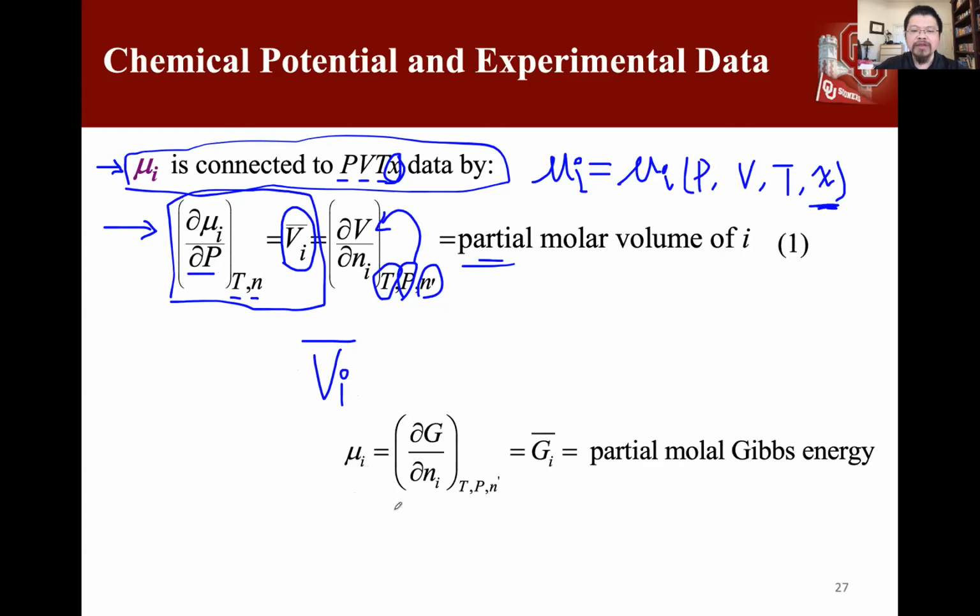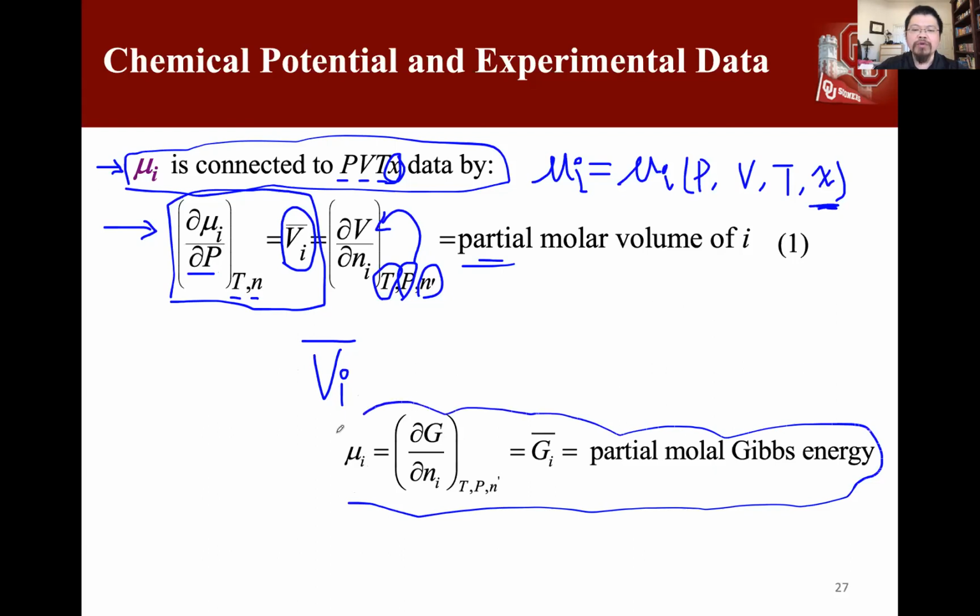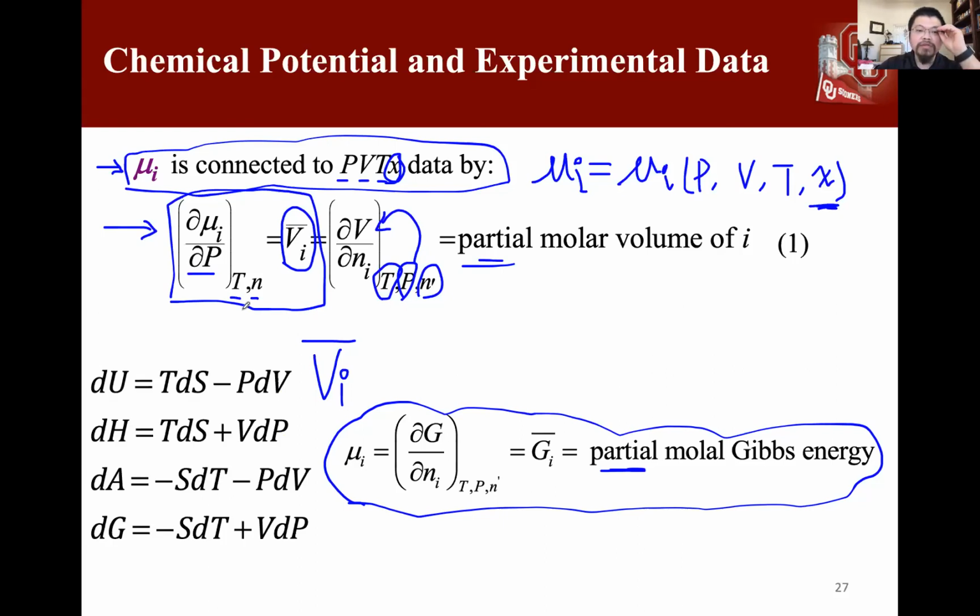Here I have another note to remind you that for the chemical potential, we only have one equation, called the partial molar Gibbs energy. And that equation is indeed very helpful to derive the conclusion here. I know that you don't like proofs or math, but there's no way we can avoid those.